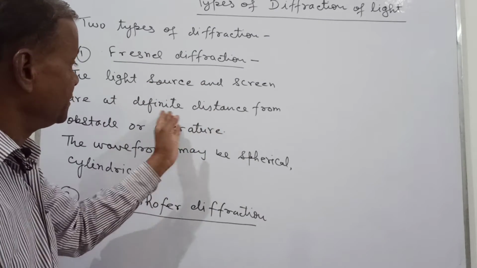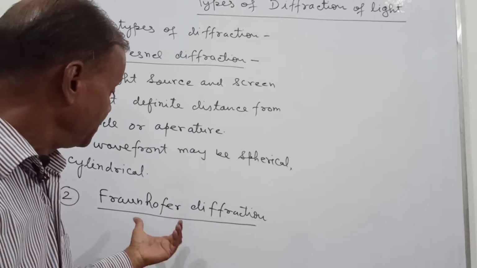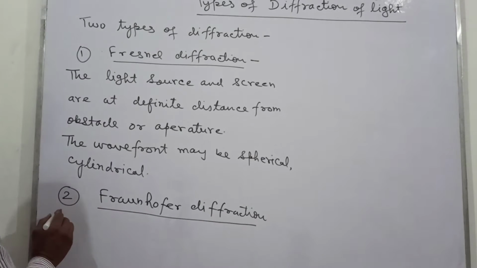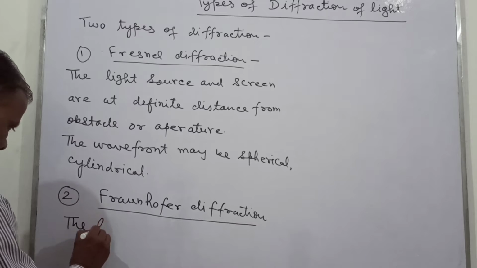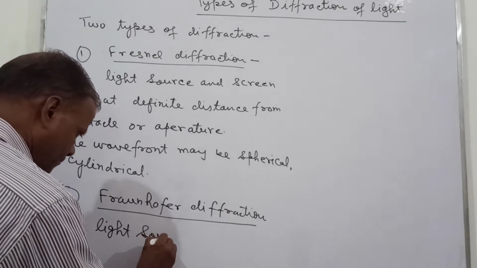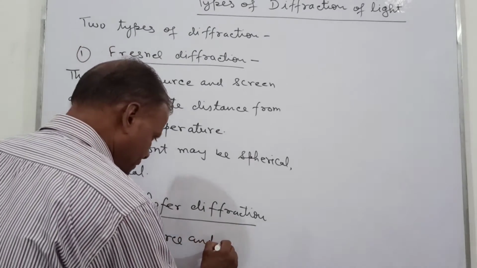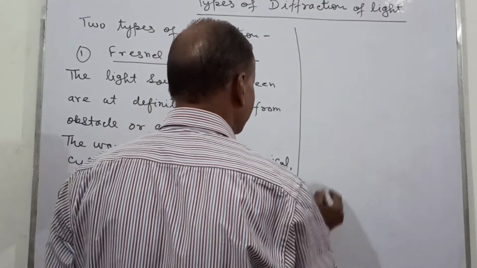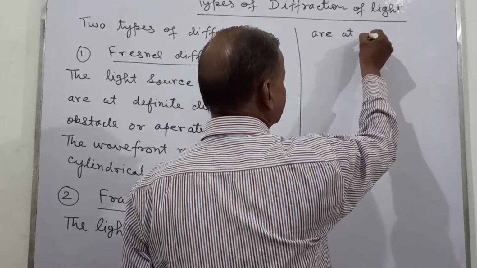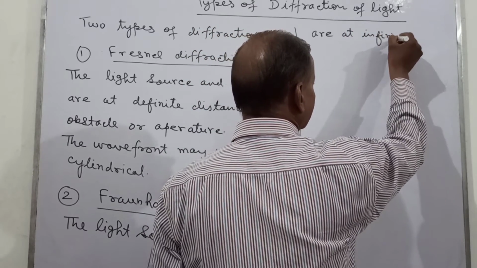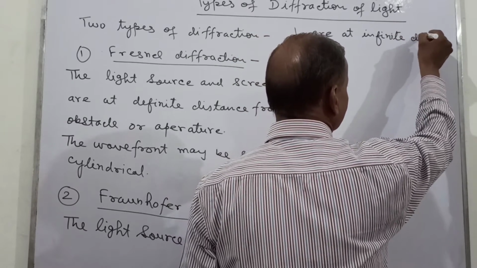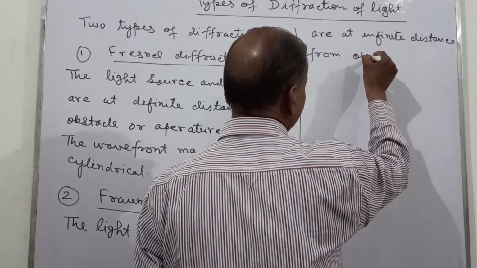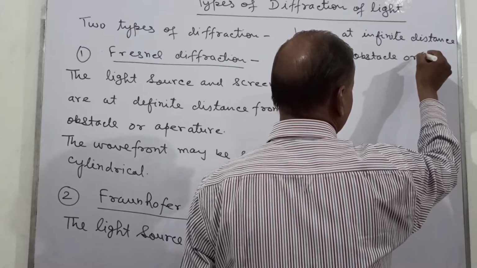In Fresnel, the light source and the screen are at a definite distance from the obstacle or the aperture, but in this case, they are at infinite distance from the obstacle or aperture.